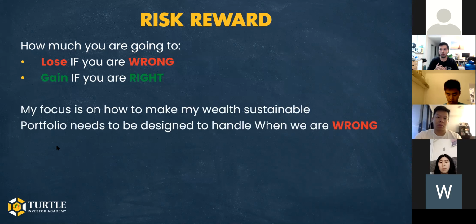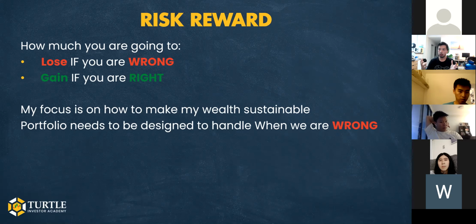Hence the portfolio needs to be designed to handle when we are wrong. We've already built a lot of defense mechanisms for analyzing companies, finding the right stocks, and applying the growth strategy. And if everything is right, and if we are right, the gain or the profit is a byproduct.